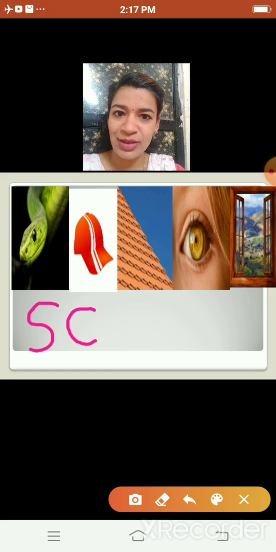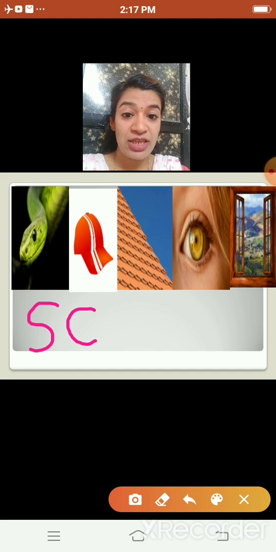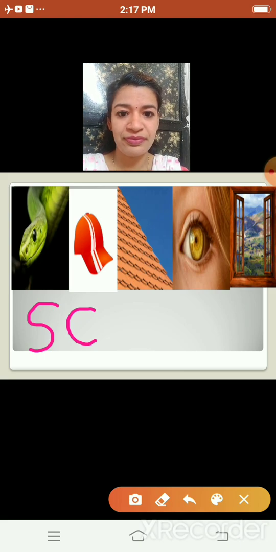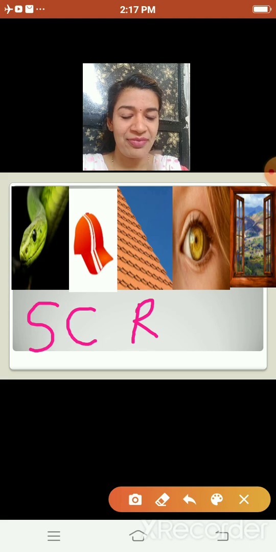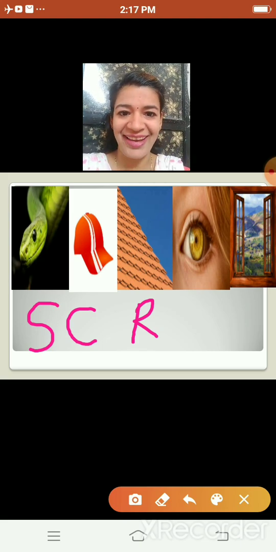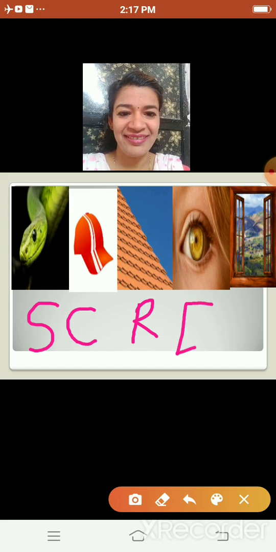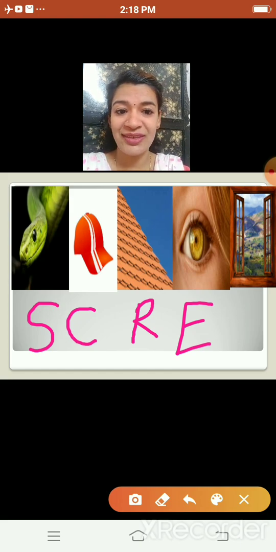And the third one is, yes, roof. And the fourth one is eye. And the last one is window. So, W.